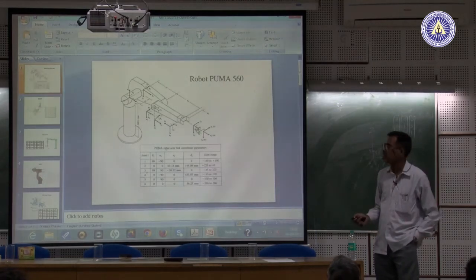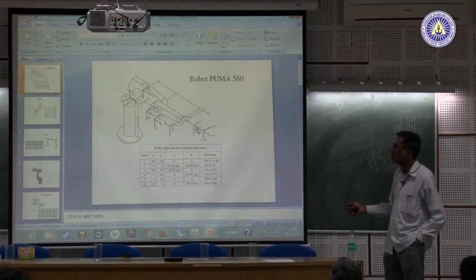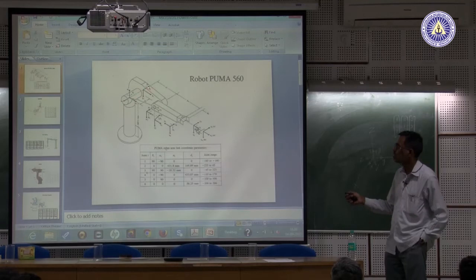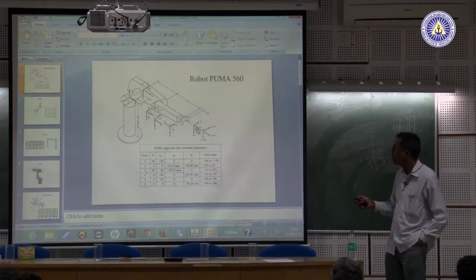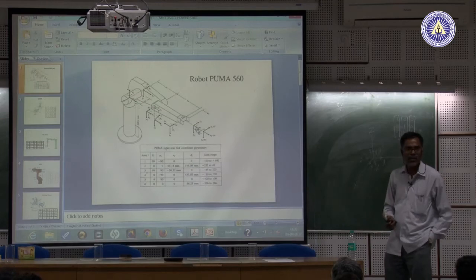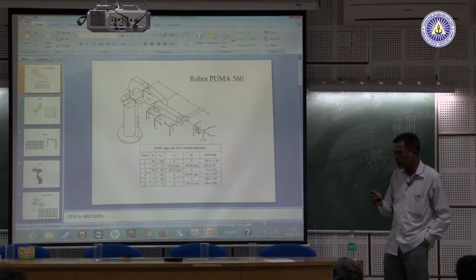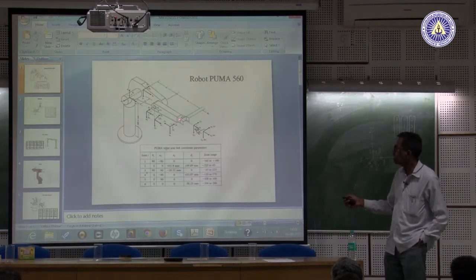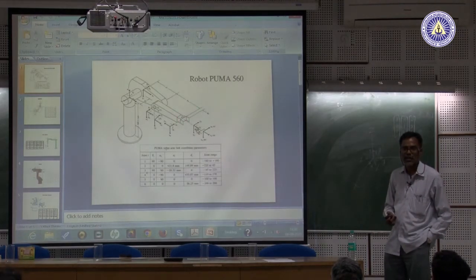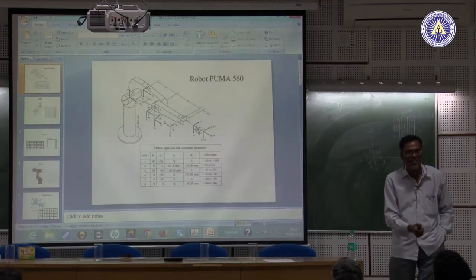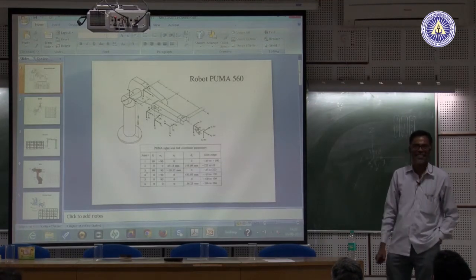For a robot in general, was it necessary that the first axis and the second axis are perpendicular? Was it necessary? No. So, this is something special. Was it necessary that the two joints here are parallel? Even that was not necessary. So, that is something special here. Was it necessary that the 3 axes here are concurrent? That is not necessary. Which one of these is really helpful?